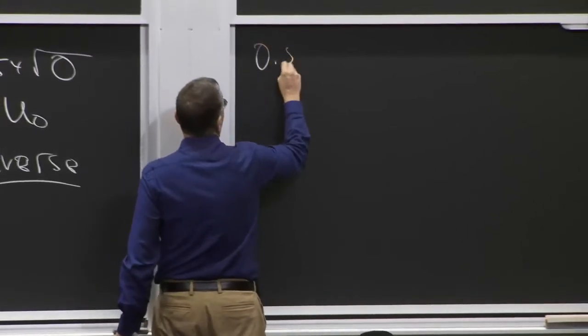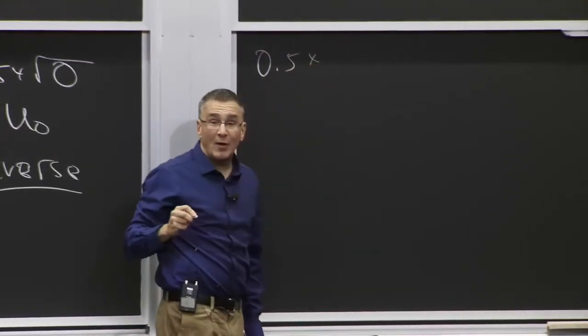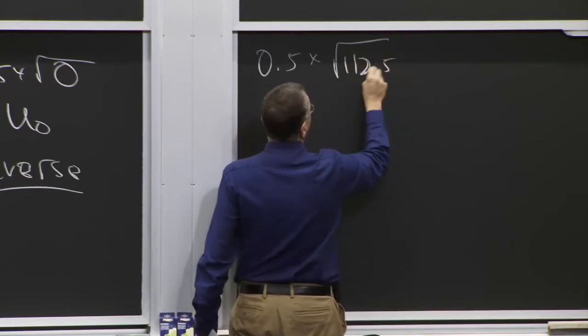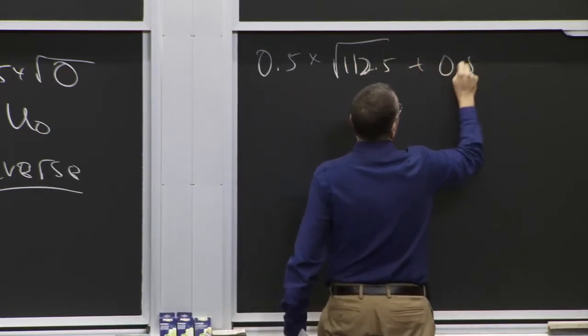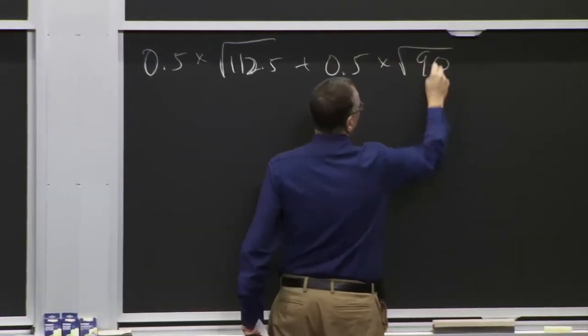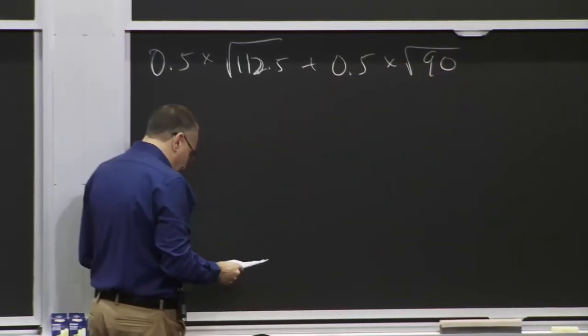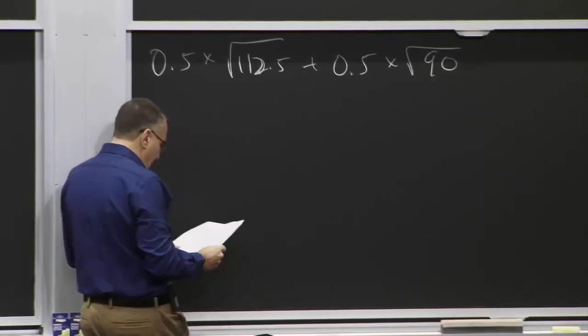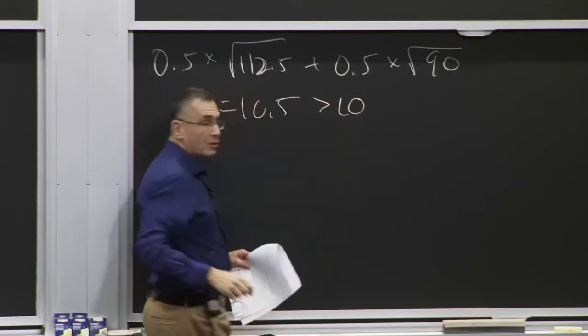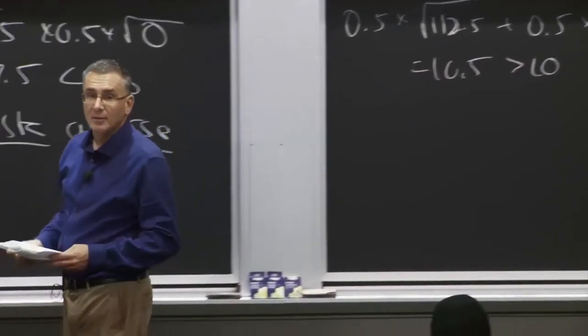It's 0.5 times the square root of 112.5, when you win $12.50, plus 0.5 times the square root of 90, when you lose 10. And that expected utility is 10.5, which is greater than 10. So you should take that bet.